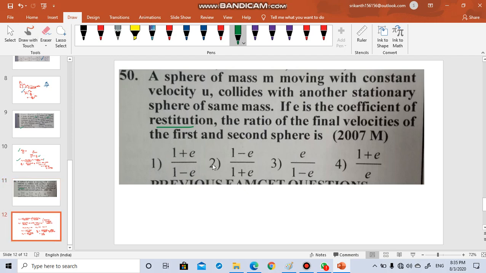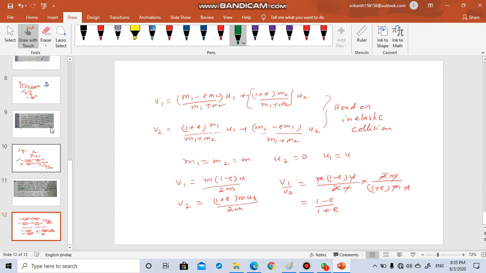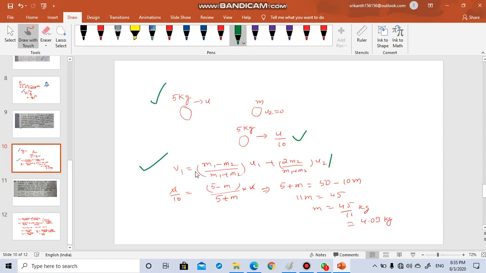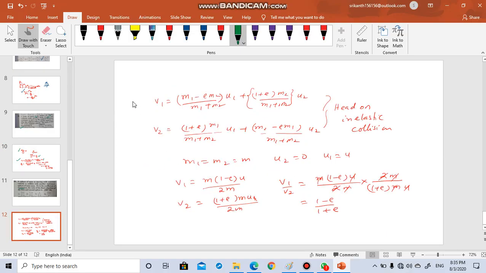The concept here: the formula you have seen is for elastic collisions. For inelastic collision, the final velocities v1 and v2 are given by these two formulas. You can see here, the m2 term is replaced by em2. In the place of m2, you have to write em2.